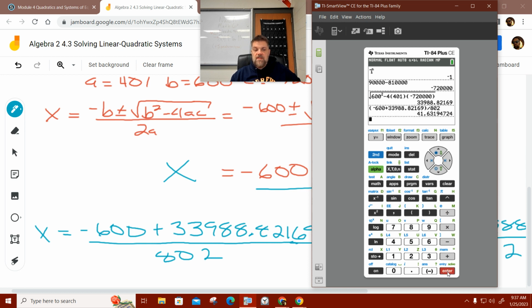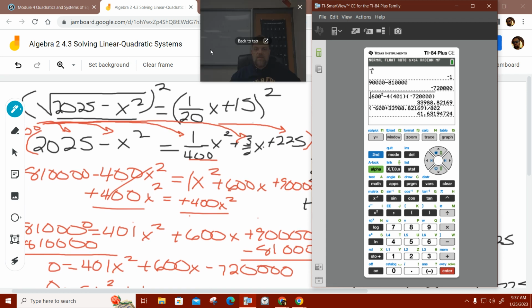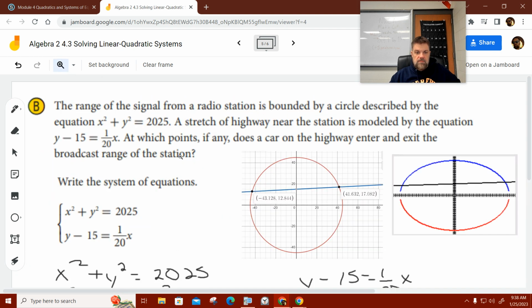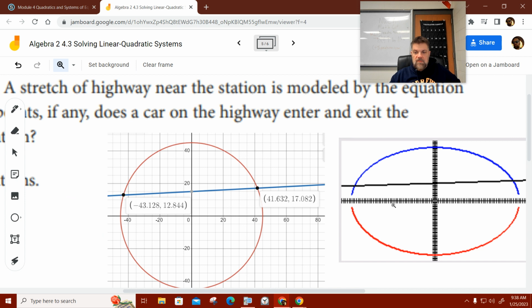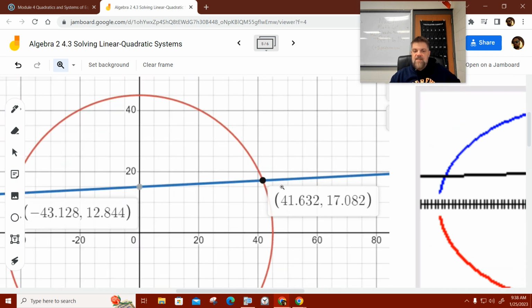Okay. Guess what it is? 41.63. Wait, was that one of our answers on the graph? Let's see. 41.63, right? I said 43 earlier, but see how that works?